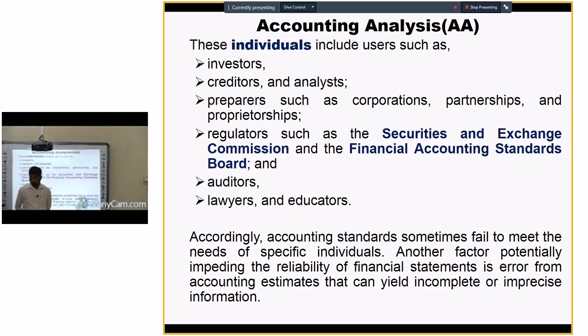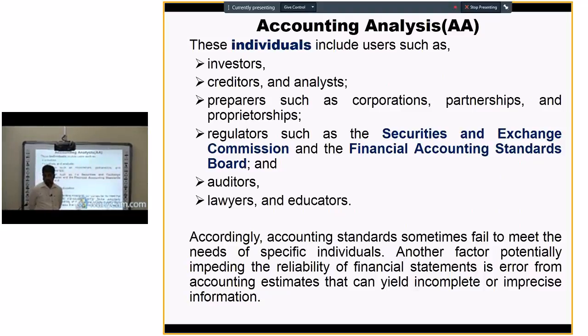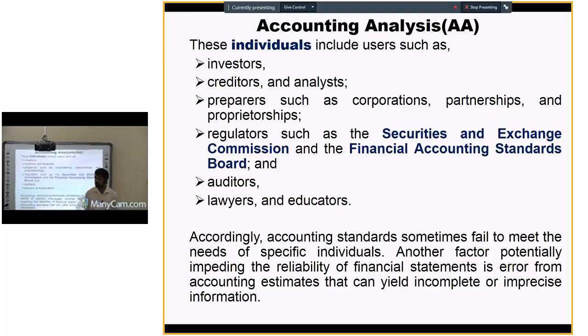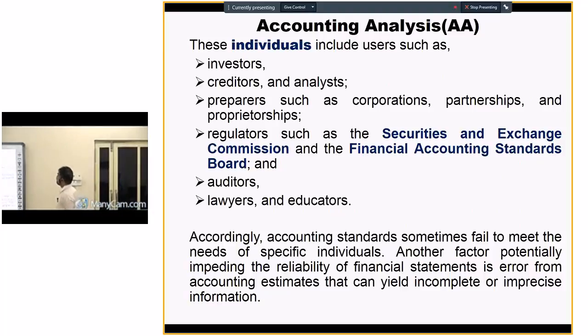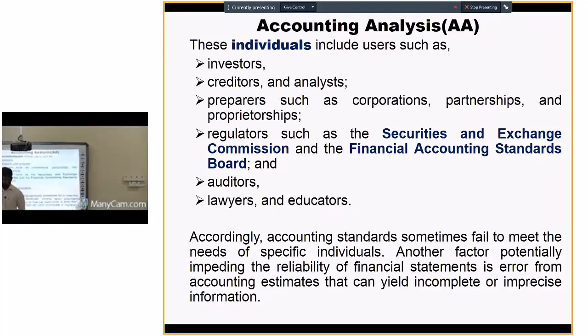Here, the users of this accounting analysis are investors, creditors or stock analysts, preparers such as corporations, partnerships or proprietorships, regulators such as the Securities and Exchange Commission, the financial accounting standard setting body, then auditors, lawyers and educators. All are using this accounting analysis.